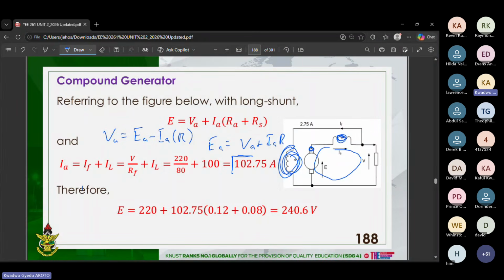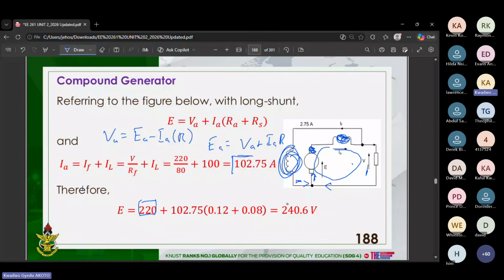This is our load current. This is our field current. We have IA being load current plus field current, KCL, right? And then we have our RA being armature resistance plus series field resistance, right? Our terminal voltage V was also given in our question. And so from here, we can find our E to be 240.6, right?